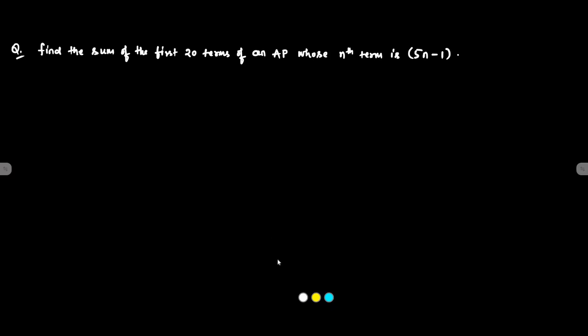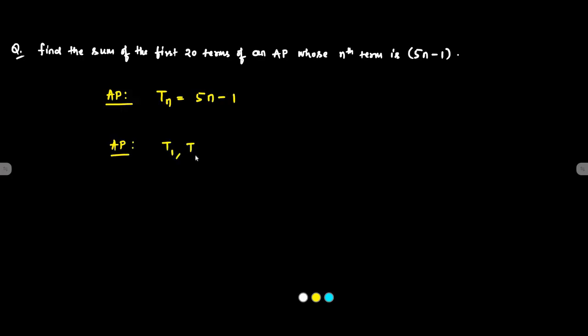Okay, so here we have the arithmetic progression where the general nth term is given by 5n minus 1, and we have to find out the sum of the first 20 terms.